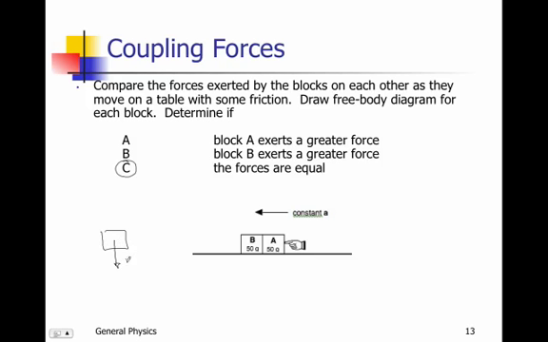Force of gravity, force of the normal. Oops, I made it too long. And we know this is accelerating. So block B again is feeling some force of friction backward, which means that the force it's feeling from A has got to be a little bit longer.